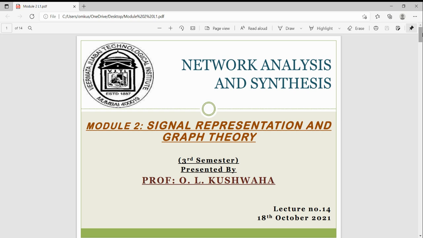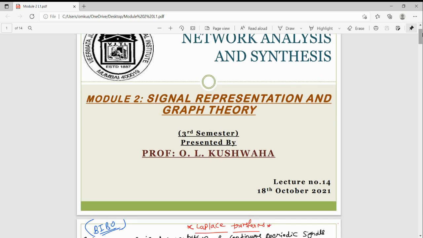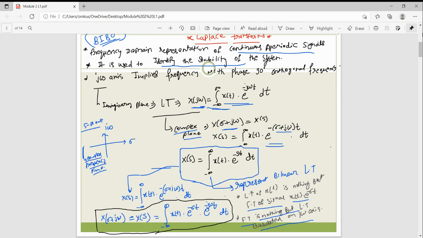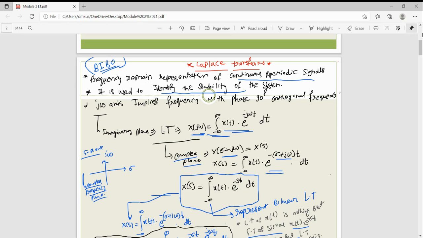So this is our lecture number 14 and unit number 2, or you can say the first lecture for unit number 2. In this unit, we mainly deal with signal representation, graph theory, and the application of those signals in our network theory. First of all, the Laplace transform.